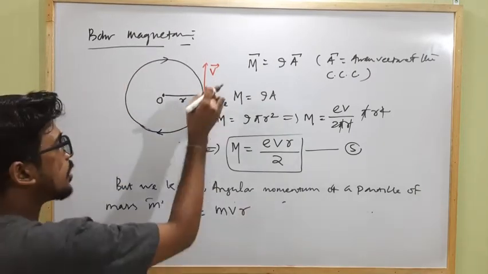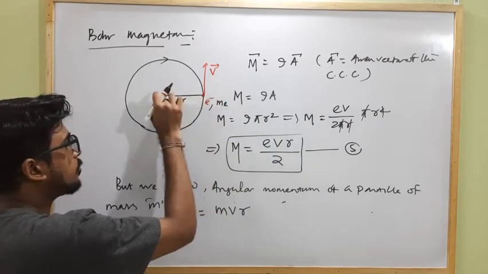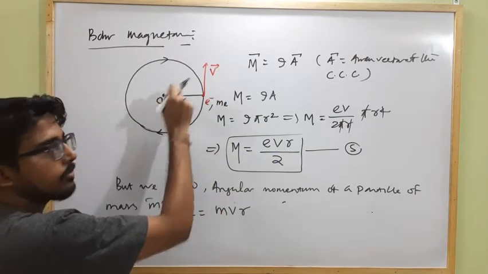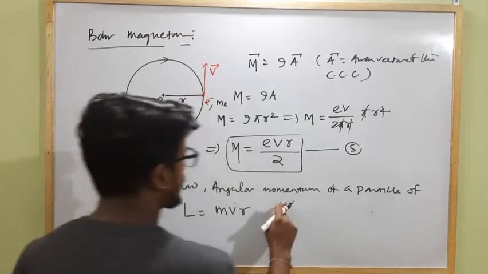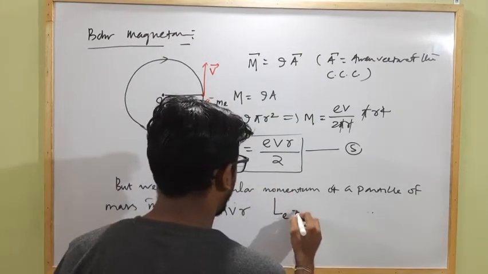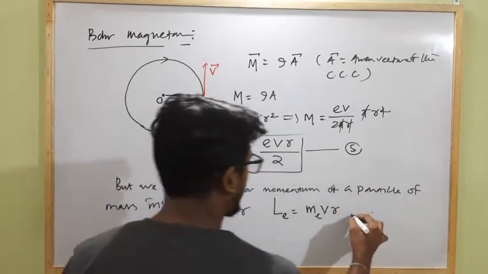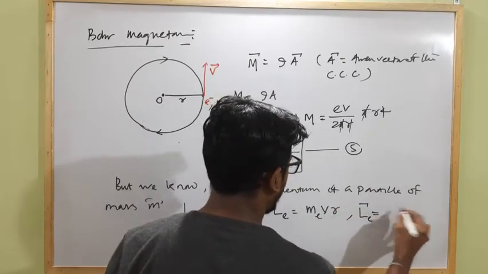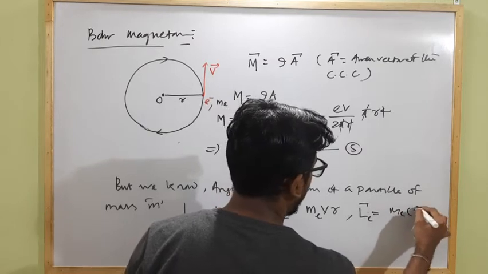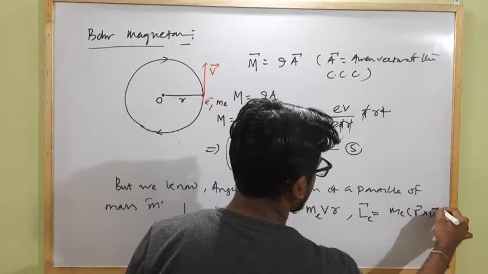What is the angular momentum of this electron about the center of the orbital path O? The angular momentum of the electron will be me into v into r, or in vector form, the angular momentum vector L equals me into r vector cross v vector.